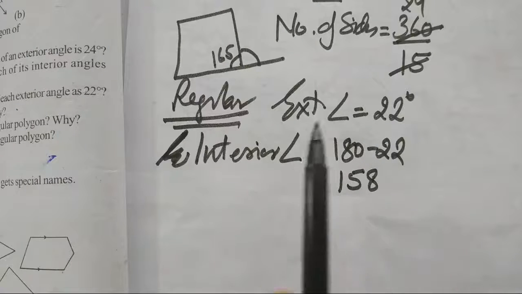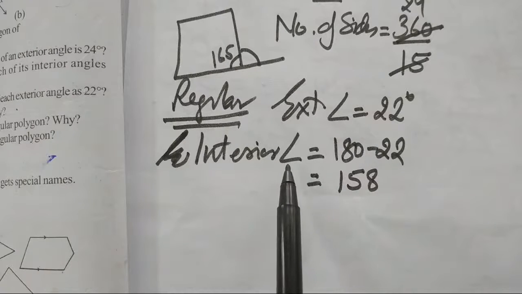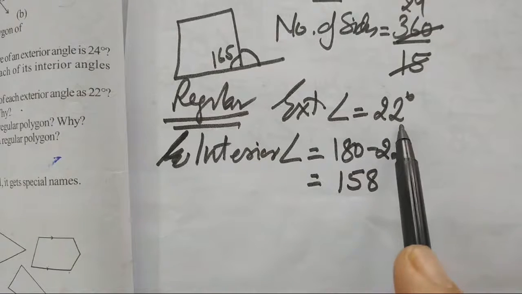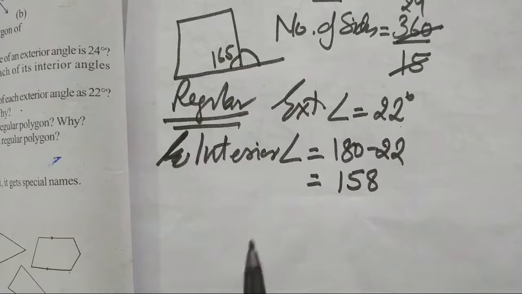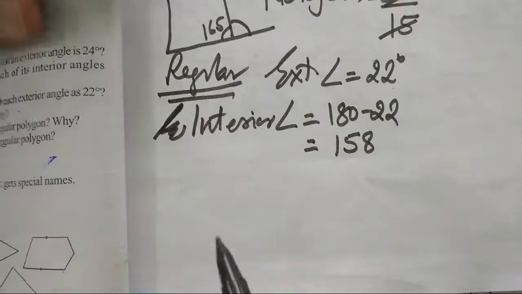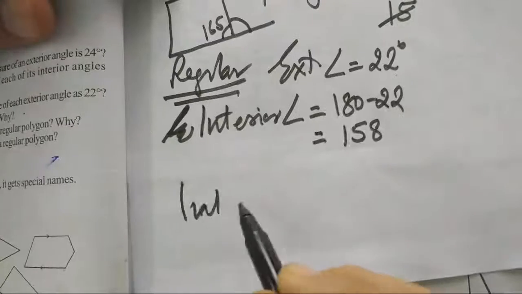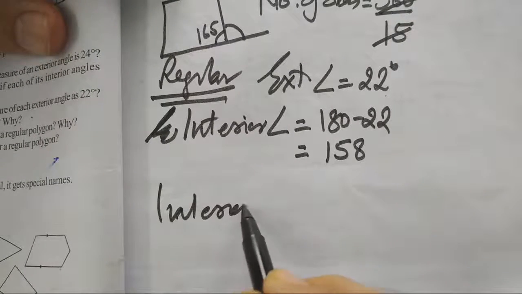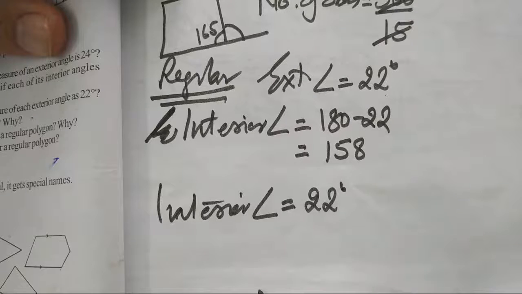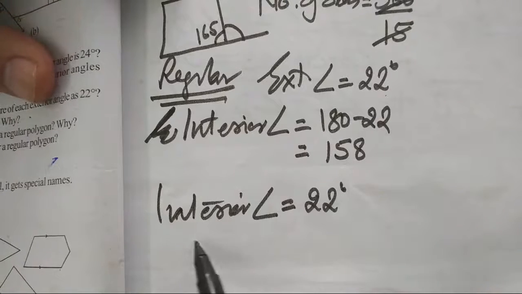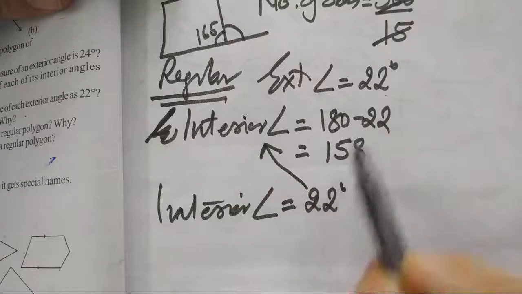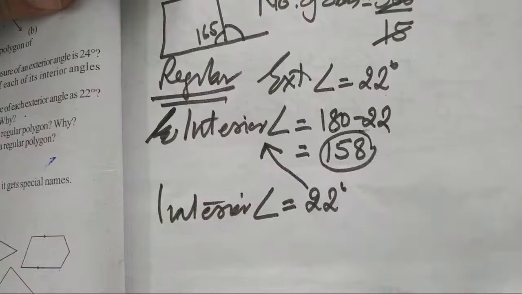Now if the interior angle is 158 and the exterior angle is 22, the question is, can it be an interior angle of a regular polygon? Now the question is that if 22 is the interior angle, then what will be the exterior angle? You will get it by doing 180 minus 22, which gives 158.